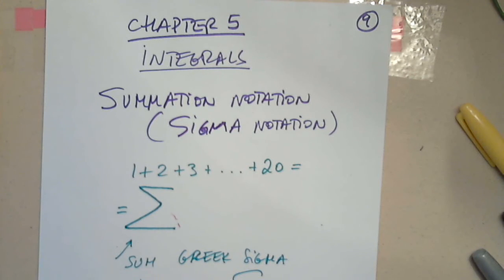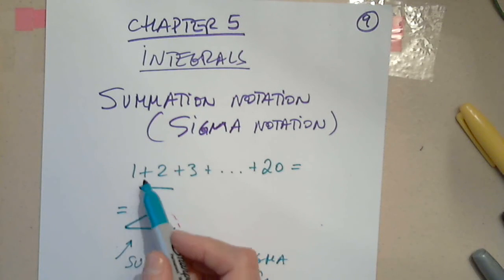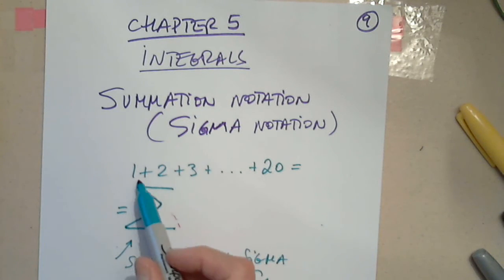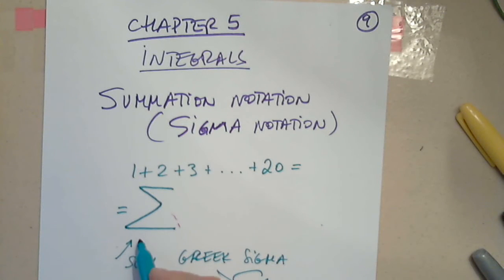It's because we have to write something under and something above, and this is not a convenient notation, but it's the same thing. It means the sum. So how many numbers do I have? Well, from i equals 1, from the first number till the 20th number, of what? Of i.